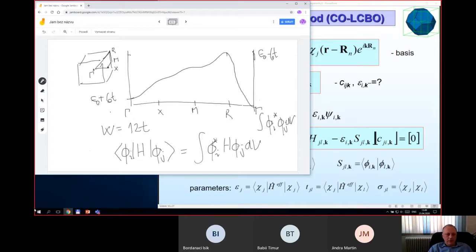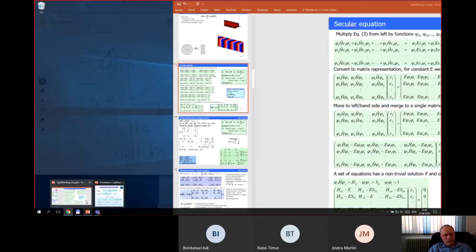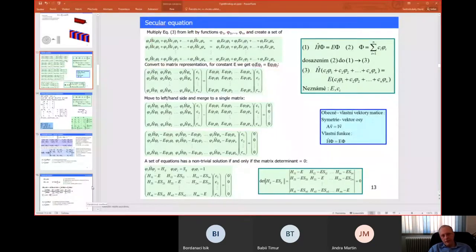Okay, so just to recall to you how this secular equation or set of equations is derived, it is shown here. So first we consider the wave function as a linear combination of some basis functions. So this function, like the crystal orbital or molecular orbital, is a linear combination of Bloch orbitals, or atomic orbitals for molecules.